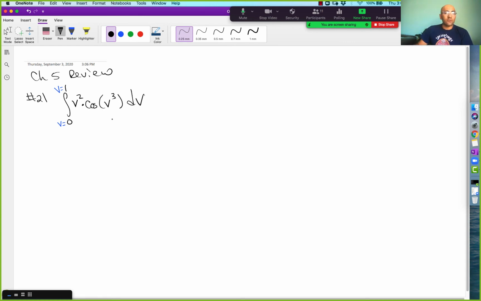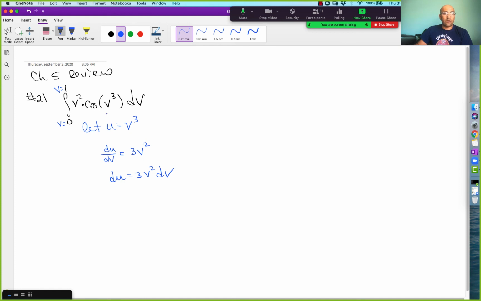So a u substitution seems to work well, because if I let u equal this, its derivative is going to be right there. So we're going to let u equal v cubed. Now when I take the derivative, du dv, I end up with 3v squared. So du is equal to 3v squared dv.